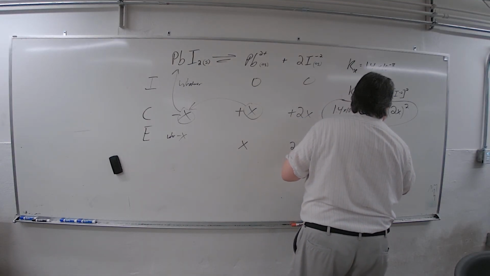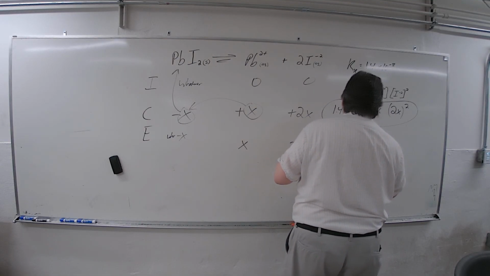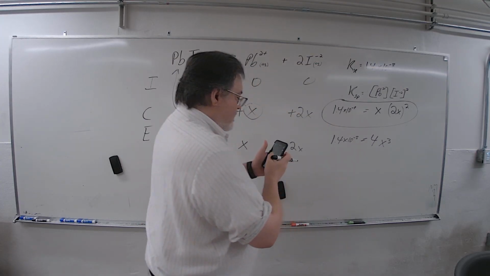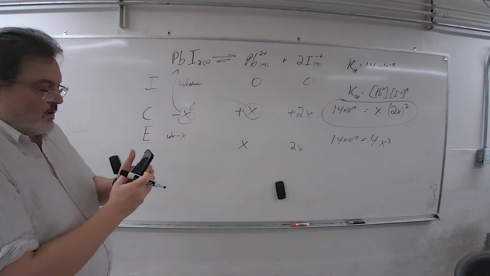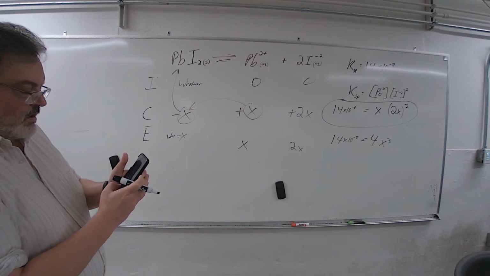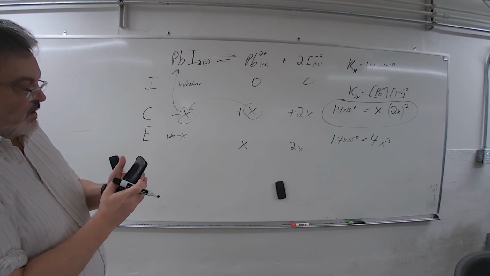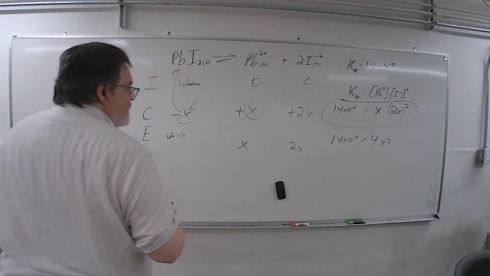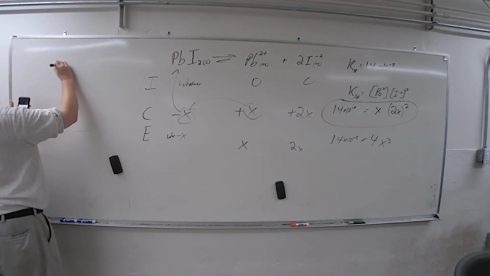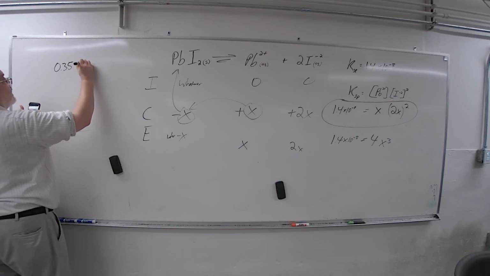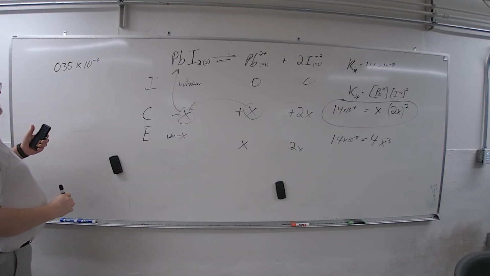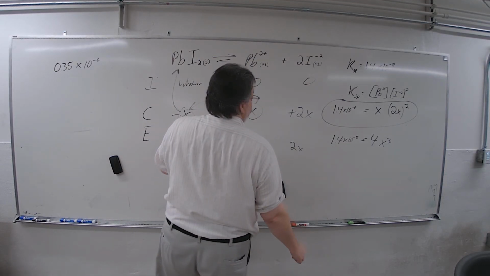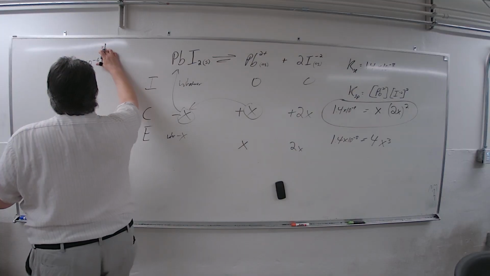We're solving 4x to the third. So I divide this by 4, and I get 0.35 times 10 to the negative 8.